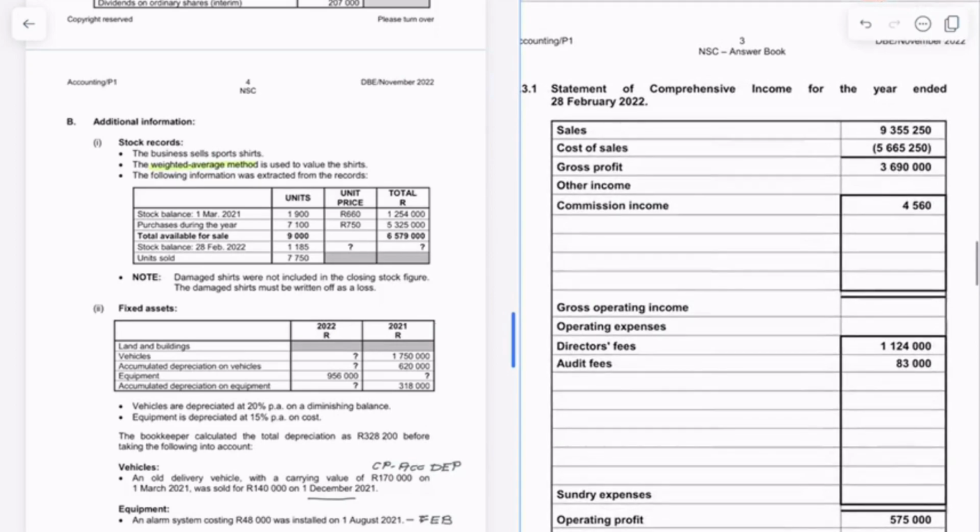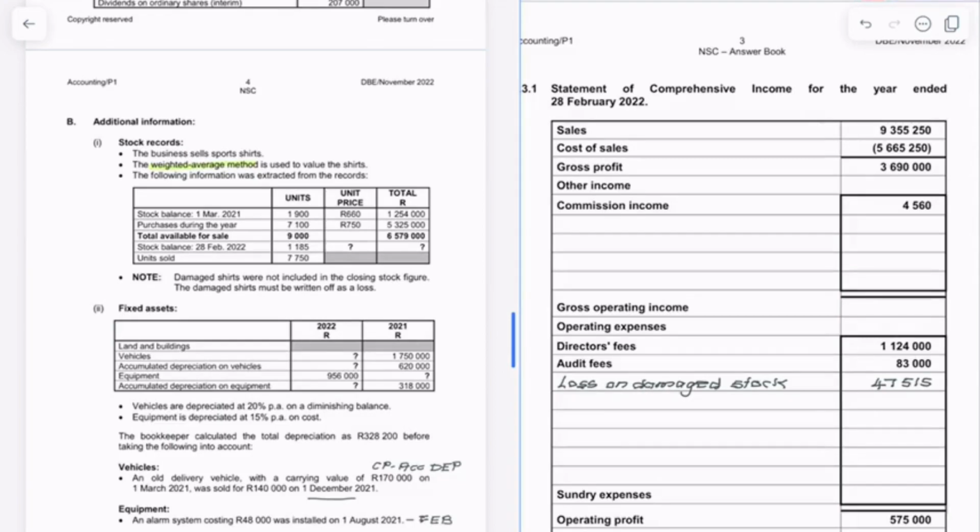Loss on damaged stock, and that was 47,515 Rand.